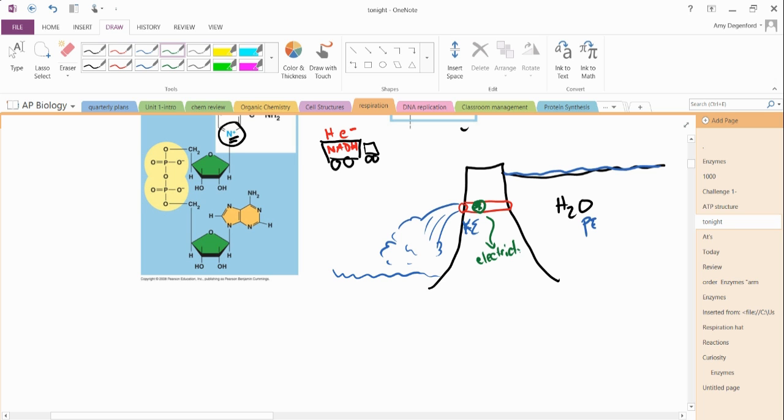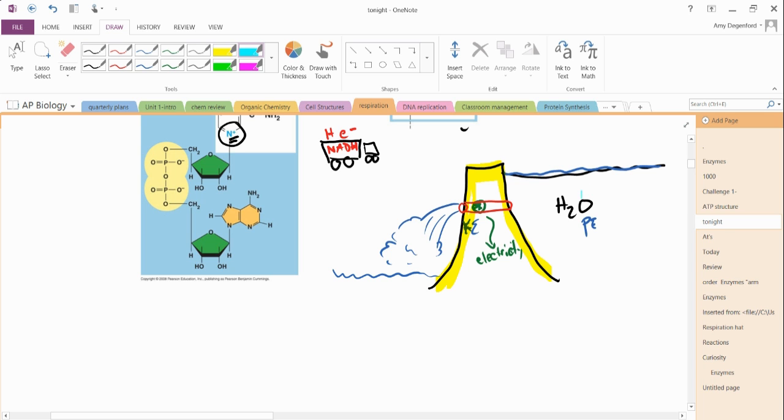Now, what I want you to be thinking about, and hopefully this is sparking some memories. Like I said, if you had me, I use the same diagram. It really helps you prime for what's coming. Is there anything that we have learned that serves as a barrier, like the dam does, in the cell?